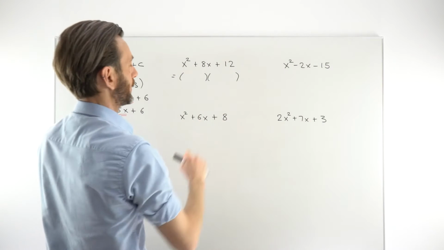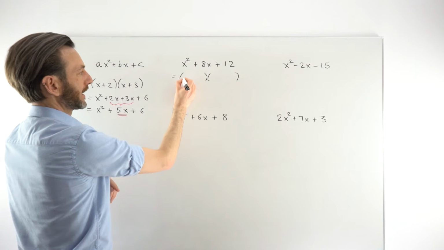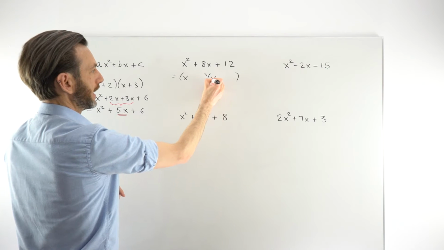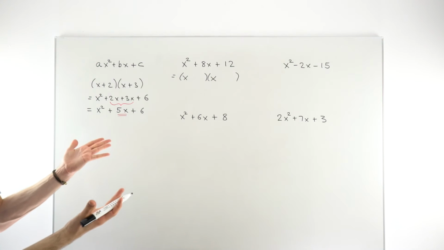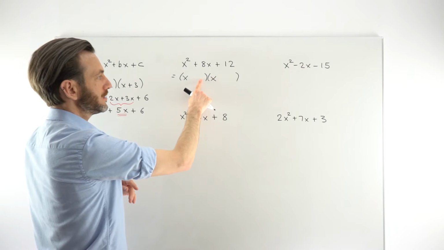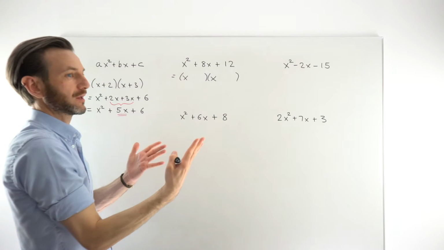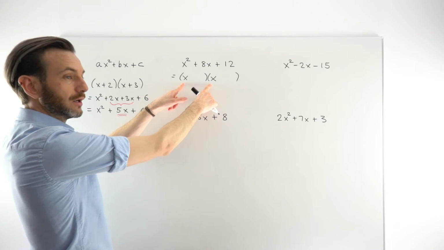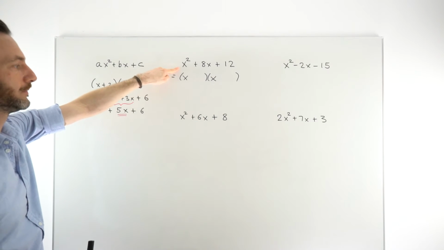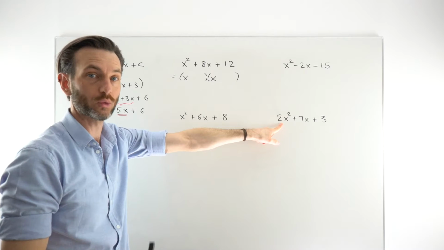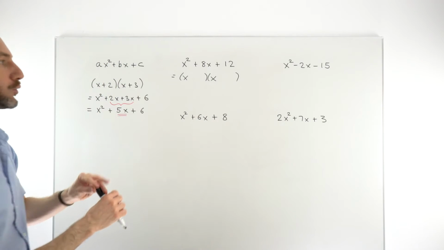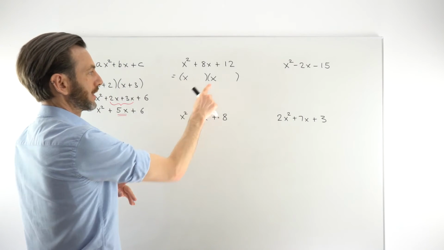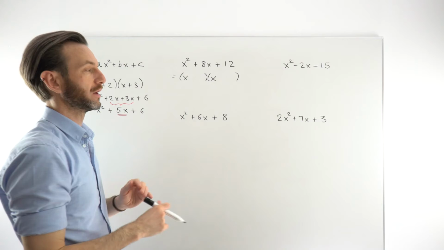So when we look at this example, we know that to make the x squared is going to have to be an x and an x, because that's the only possibility. You could put the x here, in here, or here and here, but the standard convention is to put it here and here. So if you see an x squared, just an x squared, not like a 2x squared or any other number, but just an x squared, just go straight to putting in your x and your x. That's a no-brainer. That's going to happen every time.